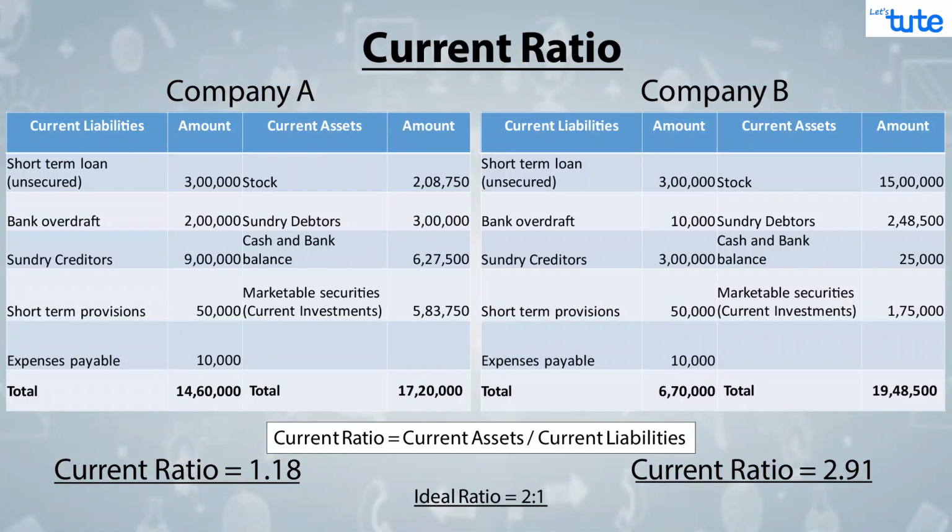Generally, ideal current ratio is 2:1. But here current assets are more than double of current liabilities in company B. Having too much higher current ratio is also not desirable. Company B is also having huge inventory which needs to be looked into. We will study this when we come to turnover ratio.